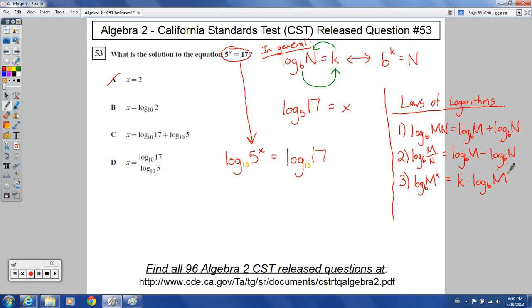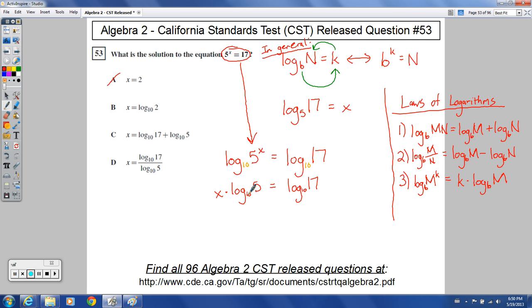My m is 5, my k is x, and my b is base 10. I'm going to write base 10 in here since our final answer has that in there. So this is equivalent to x times log base 10 of 5 equals log base 10 of 17.